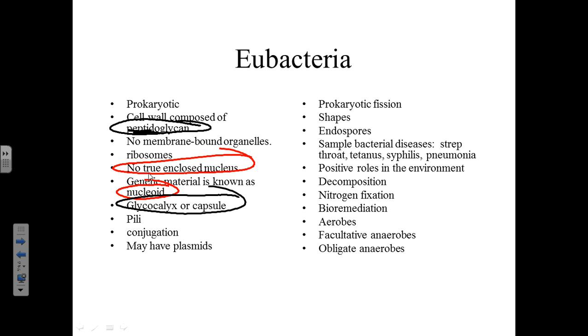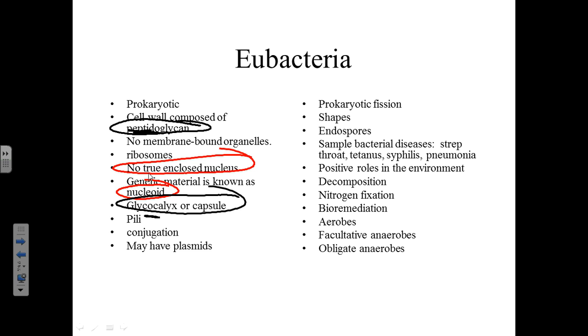Drying out, or what was the more fancy word we used? Desiccation, drying out. Or it also protected them from what? Immune systems, from organisms they may be living inside. We talked about pili, and how they were sort of like bacterial Velcro. They help bacteria stick to surfaces.